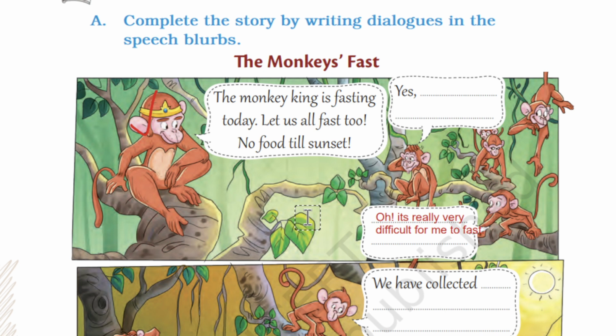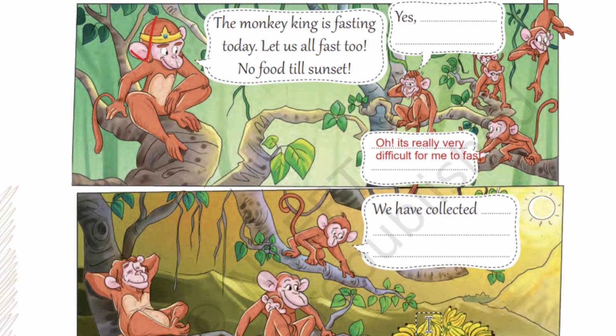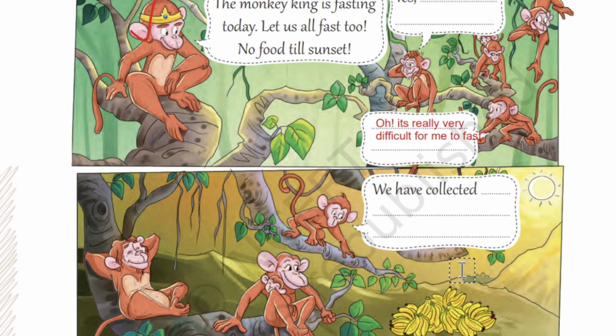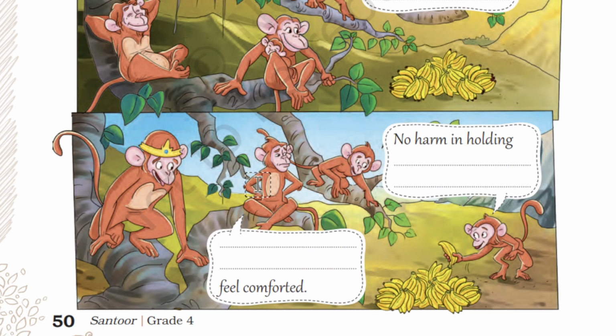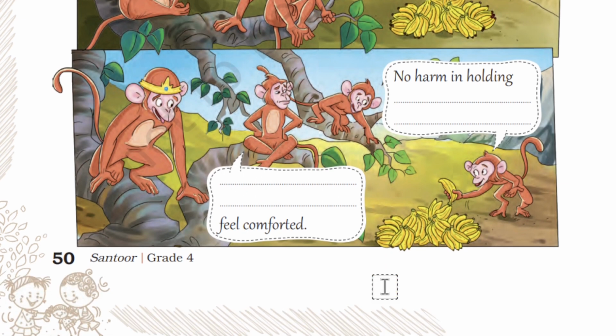You can create your own sentence. Okay, so here one monkey is telling we have collected lots and lots of bananas. So you can make a sentence. Next, another monkey is holding one banana. It looks very yummy and very tender. So here this monkey feels comfortable. Oh my god, I also like to hold one banana in my hand.